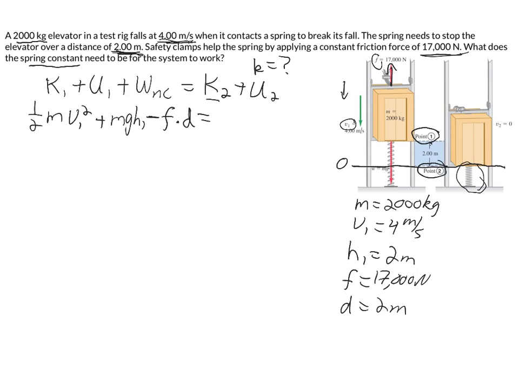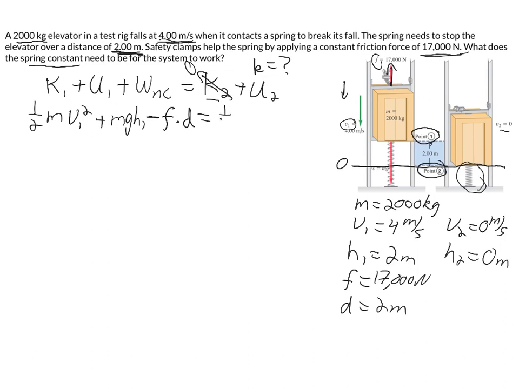Do we have final kinetic energy, 1/2 m v squared? Let's see. It comes to rest. v2 equals 0 meters per second. So no, this is 0. Do we have potential energy? Well, the gravitational potential energy, h2, that's 0. So no, we don't have that. Some people just want to put a 0 then, but wait, what about elastic potential energy?